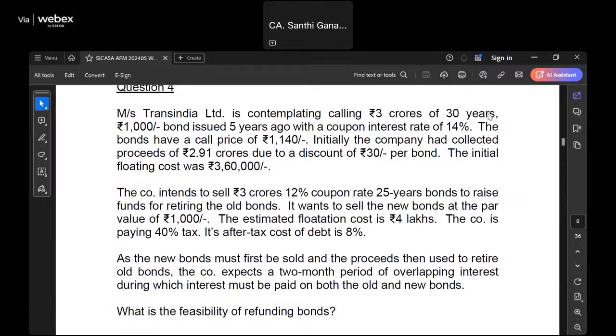If the issuer has the option that the bond can be redeemed, when will he do that? If the existing bond has a higher interest rate. Supposing interest rates are falling, the issuer might as well exercise the option.